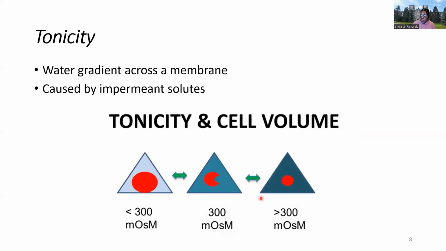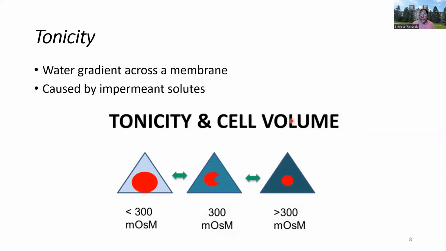As we can see, it's greater than 300 milliosmoles. And then alternatively, on the left here, we could think about a hypotonic solution. That is if the tonicity of the solution is less than 300 milliosmoles, and that is referencing the 300 that is inside the cell, right?